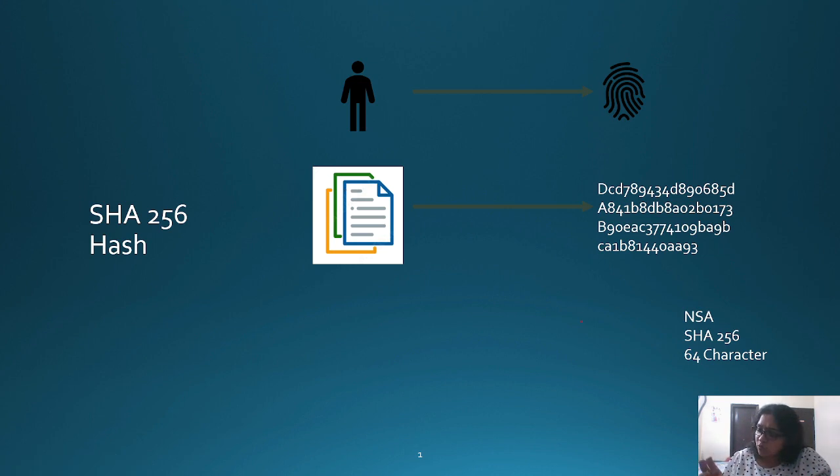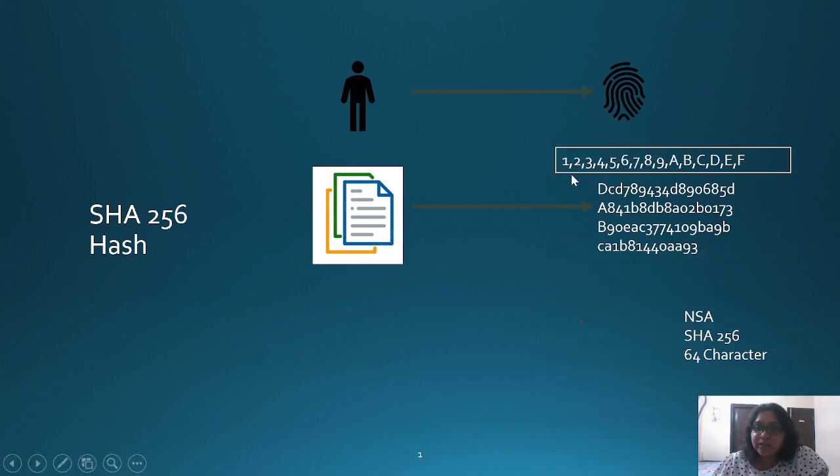It could be your video, your audio, an operating system, a Word file, PPTs. Anything can be converted into a cryptographic hash value. And the 16 values I was talking about are 1 to 9 as numbers, and A, B, C, D, E, F. This combination is used for creating a hash for a particular block.